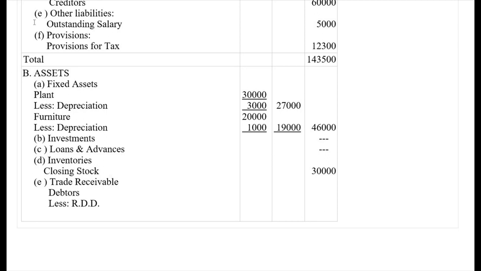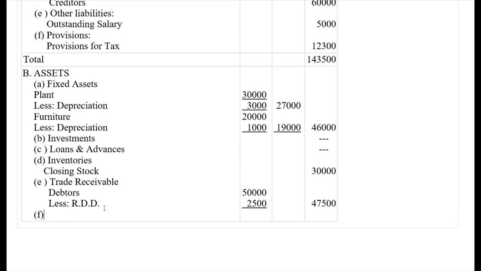So the value of debtors which is given in the problem is rupees 50,000. So 50,000, RDT which we have calculated at 5%, which comes to 2,500. Let me underline this here. So the difference will be taken here as 47,500.